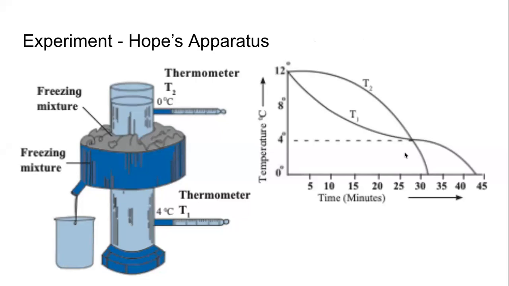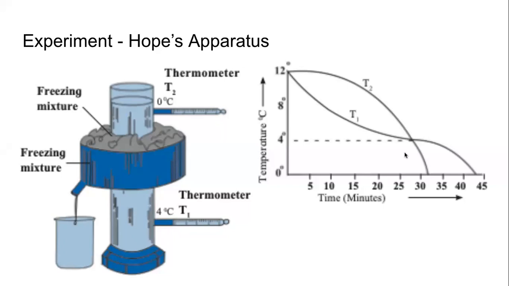From 0 to 4, in the previous theory, we understood when we are heating the water from 0 to 4, its volume decreases, its density increases. But when we are cooling the water from 4 to 0, the opposite thing will happen. Instead of the volume decreasing, the volume will increase, the density will decrease.